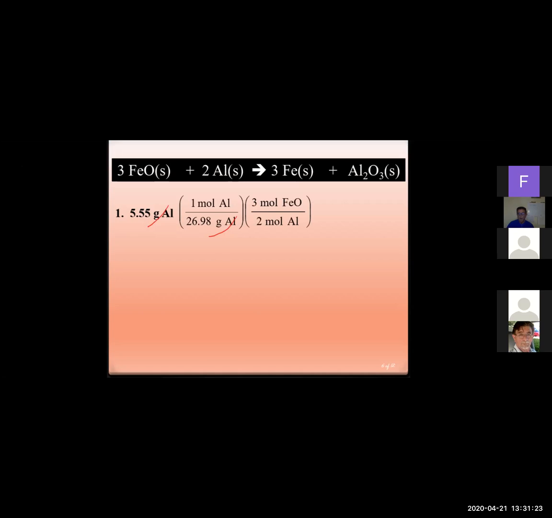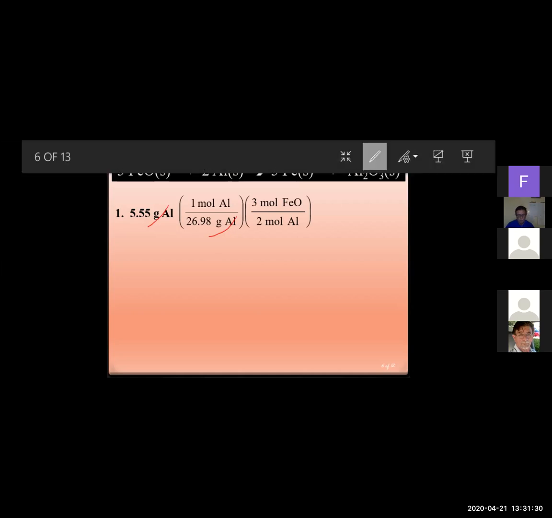From the relationship in the balanced chemical equation, it's 3 iron(II) oxides per 2 aluminums. Note the units, follow along, cancel them off. At this point, I can calculate the moles of iron(II) oxide.